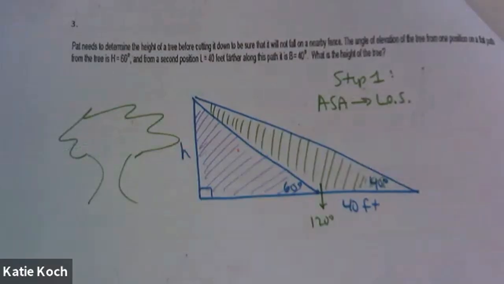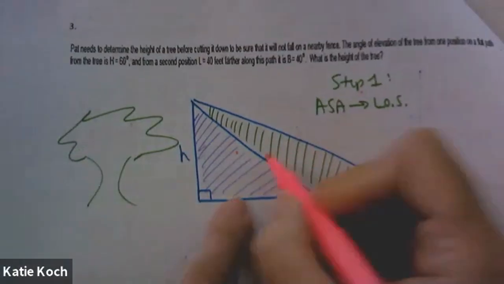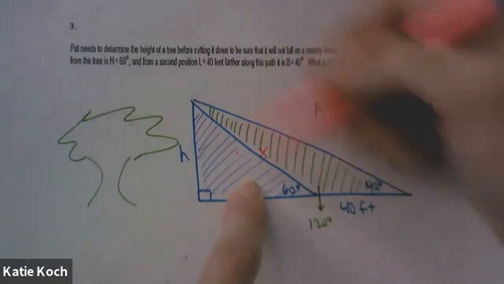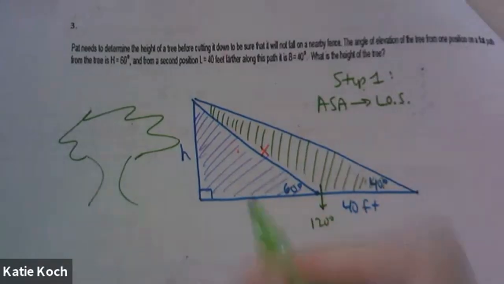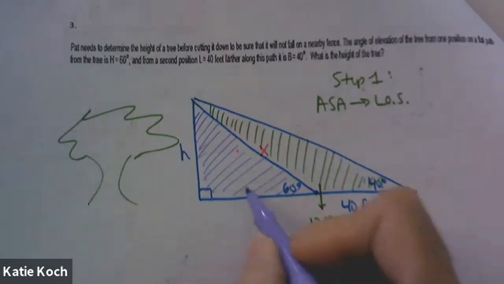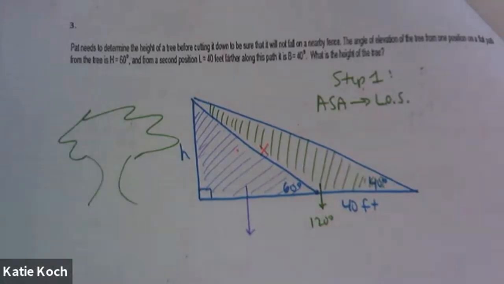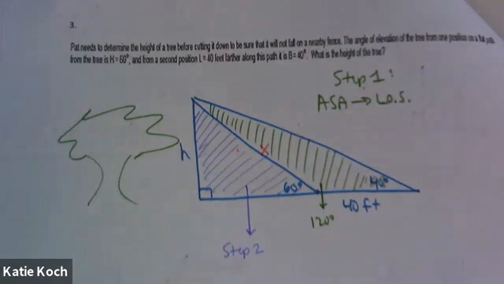So I would use the law of sines to figure out this part here, which is x. And then as soon as I had that, I could set up SOHCAHTOA on my purple triangle down there. So this would be step two, and that would be SOHCAHTOA. All right, so don't think that tonight you're just going to jump right in. Law of sines is going to give you the answer. There could be some double steppers.